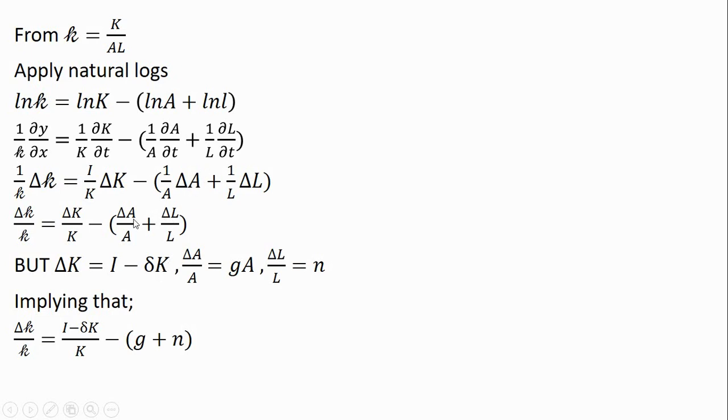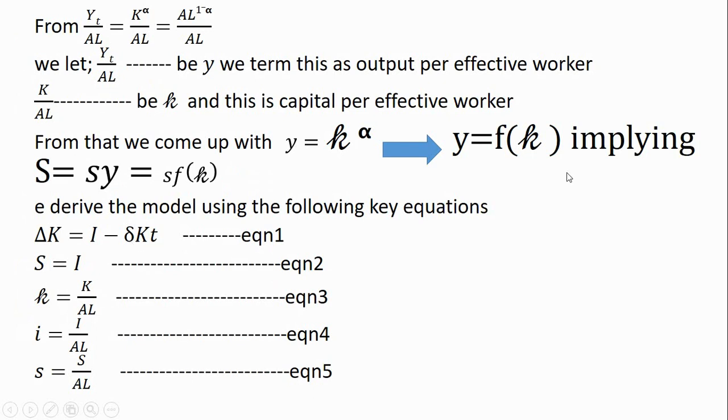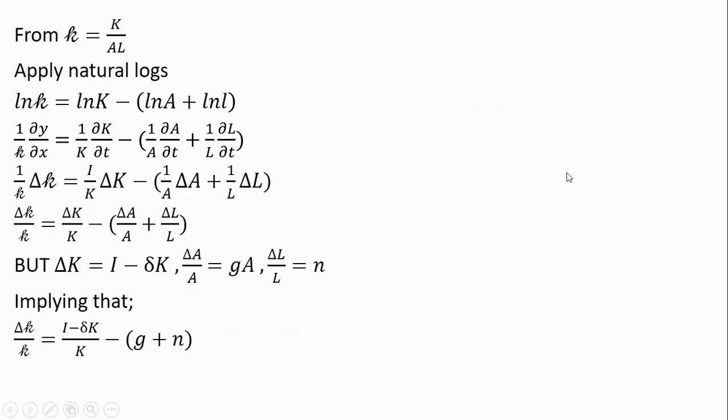Now we also note that a change in A over A is a growth rate, that is the growth rate of knowledge or technology. Our change in L over L is the growth rate of labor, which we represent by n. So after noting all those, we come up with a new equation from this last equation that we had.